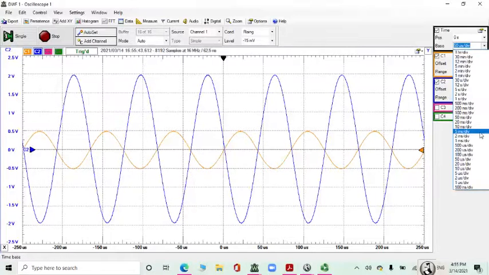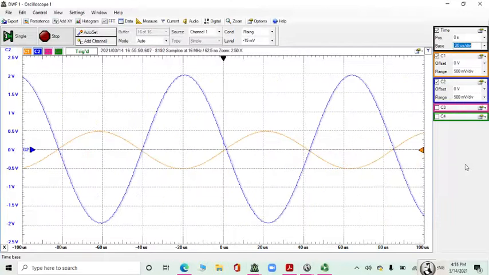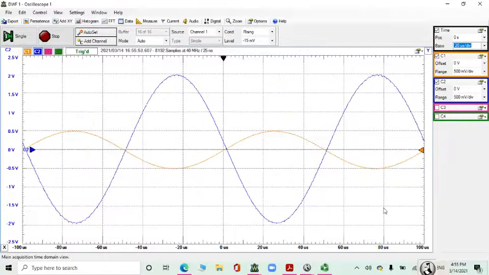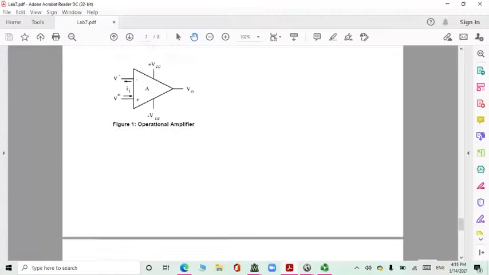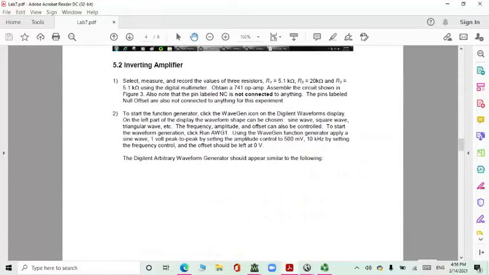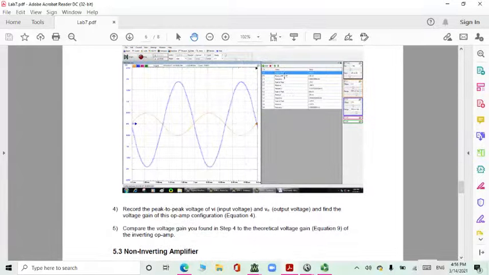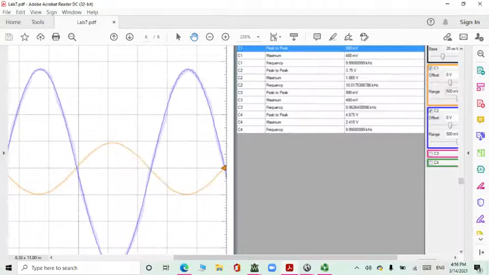Let me adjust this to 20. Okay, now, good. Now we can measure our variables, which are maximum, minimum, frequency. Let me see what we should measure. This is peak to peak. We're going to measure peak to peak, maximum, frequency.